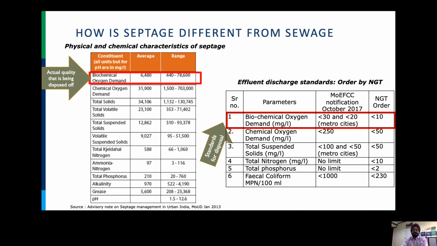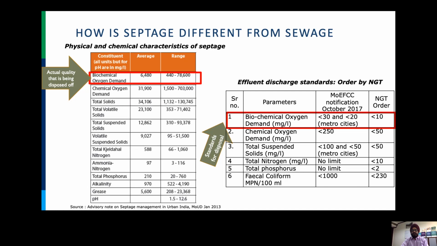So the standards are defined by the Central Pollution Control Board as well as the NGT. While the NGT standards or the orders are very stringent, they ask for a less than 10 milligram per liter standard for BOD.